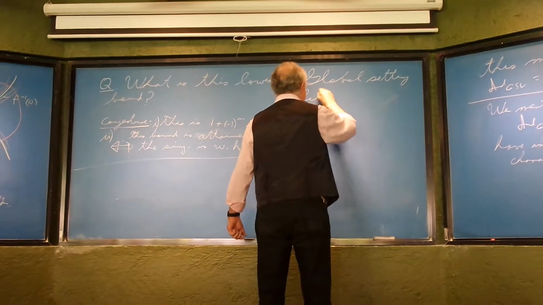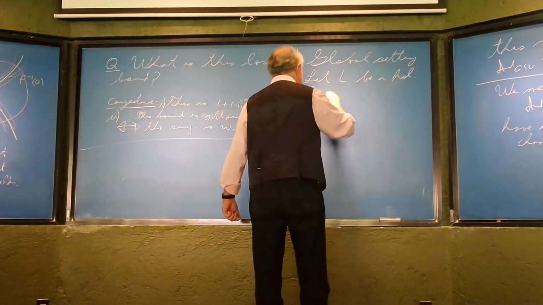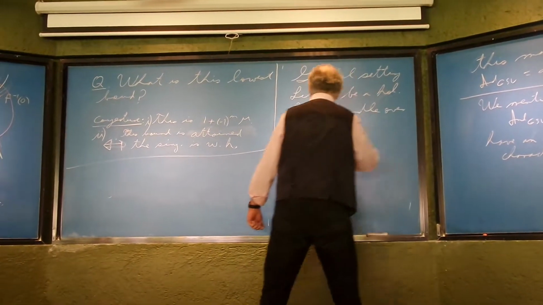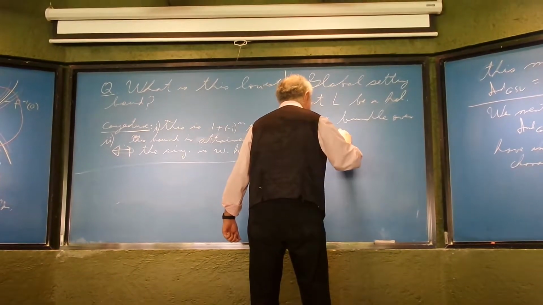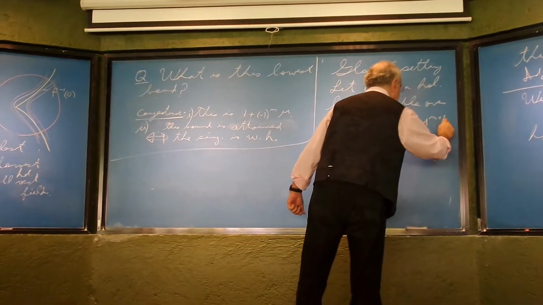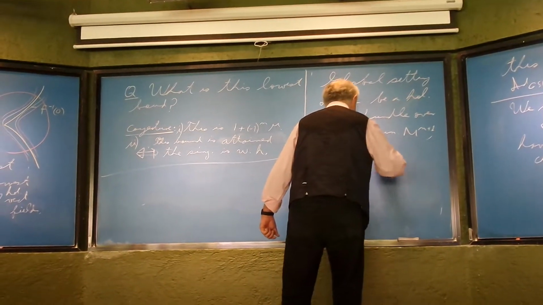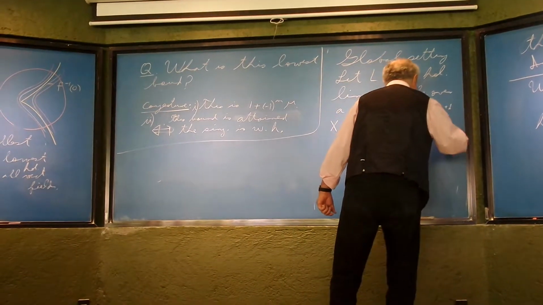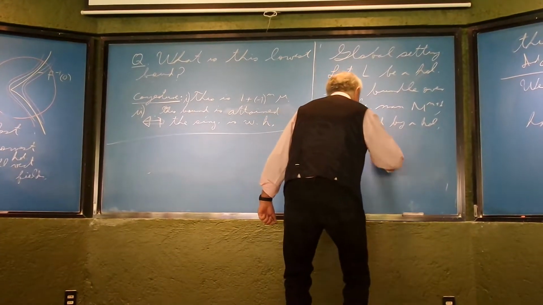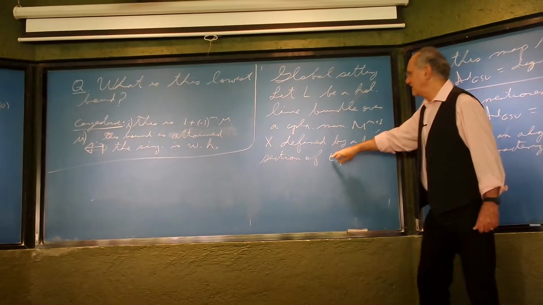Let L be a holomorphic line bundle over a complex manifold M of dimension n plus 1, and X defined by a holomorphic section of L. So we have a holomorphic section of this bundle, and we look at the zero set.